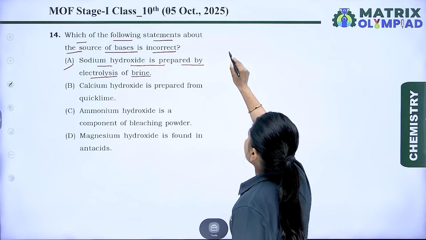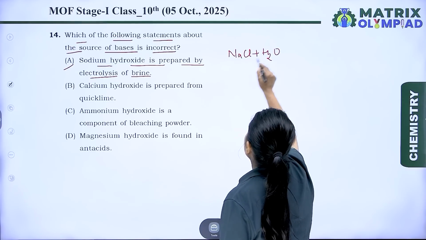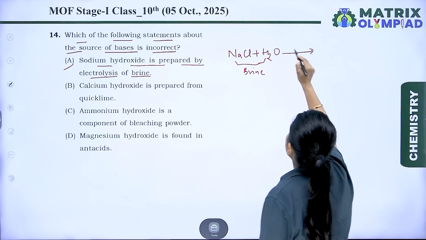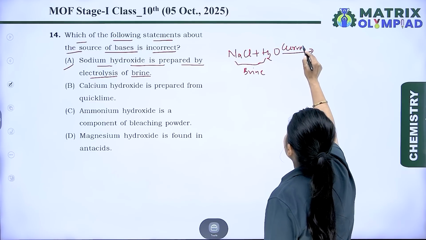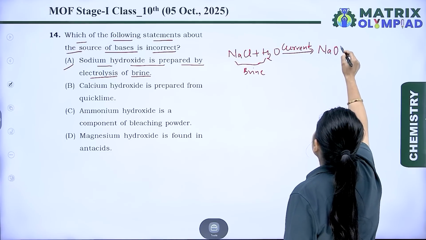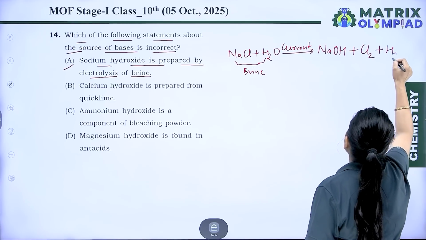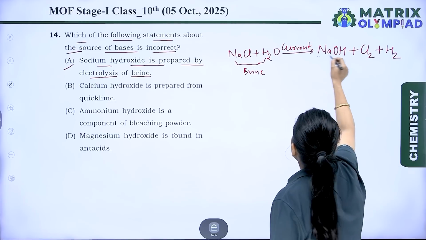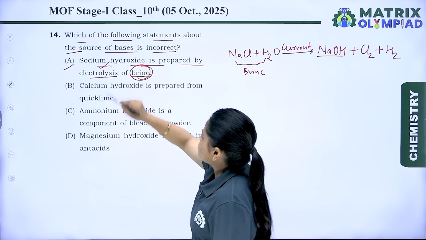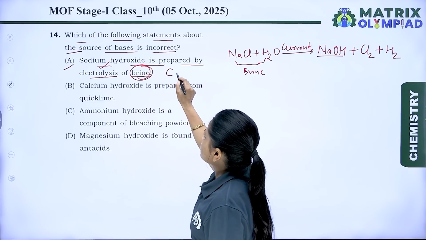As we know, the solution of NaCl in water is called brine, and when electricity is passed in this brine solution, it is electrolyzed to form sodium hydroxide, chlorine and hydrogen gas, and this is the sodium hydroxide which is prepared from brine. So this is the correct statement.